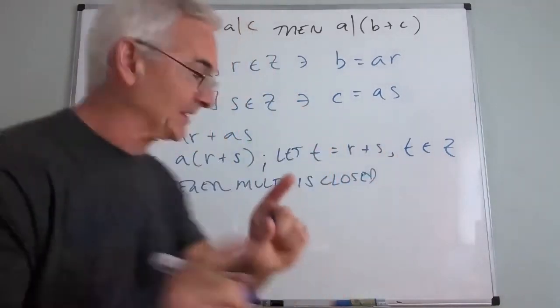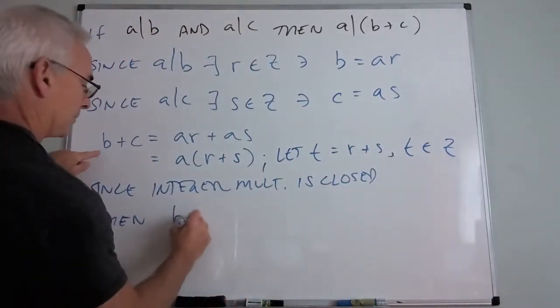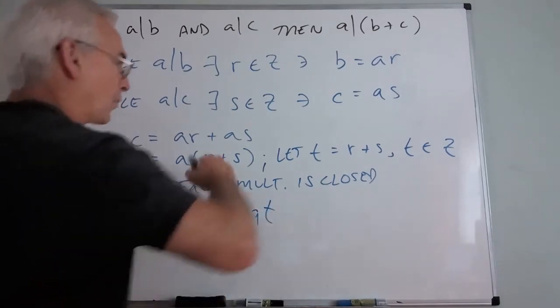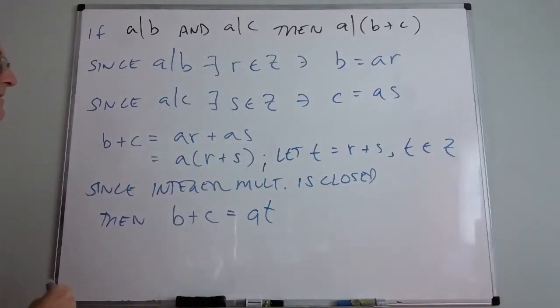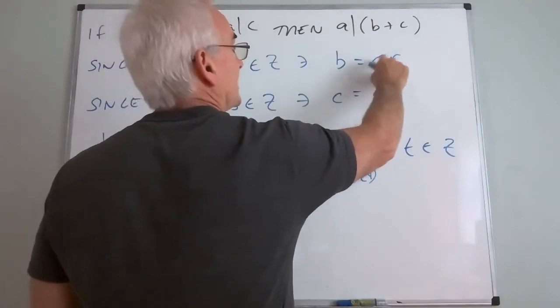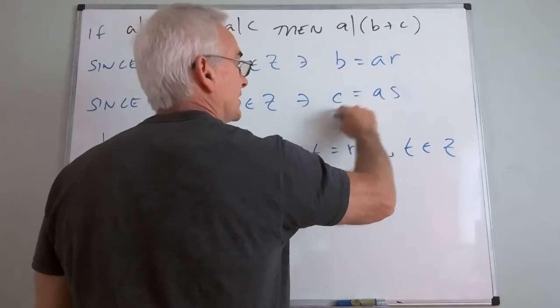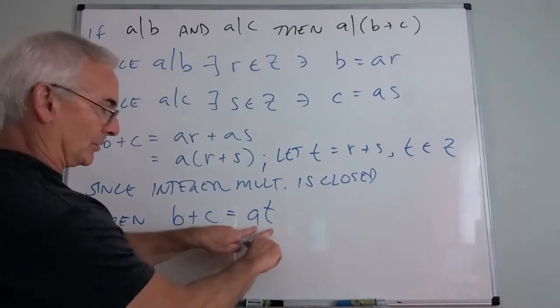Because now I can say then B plus C equals A times T. Right now, this isn't the form of a divisibility statement. The form of a divisibility statement is that I found an integer where A times the integer equals my original number, therefore A divides B. A divides C because this is an integer. I have to have it in the form of a divisibility statement, which I now do.